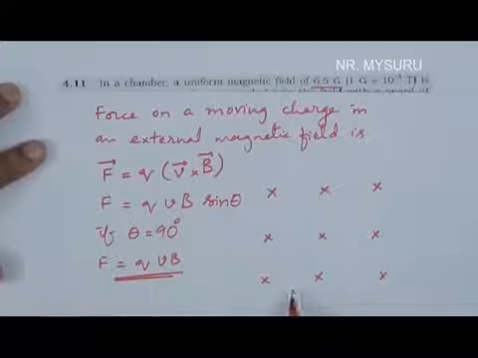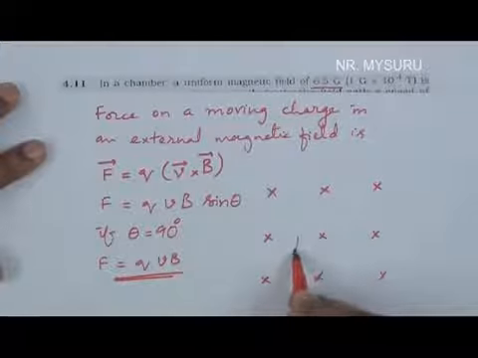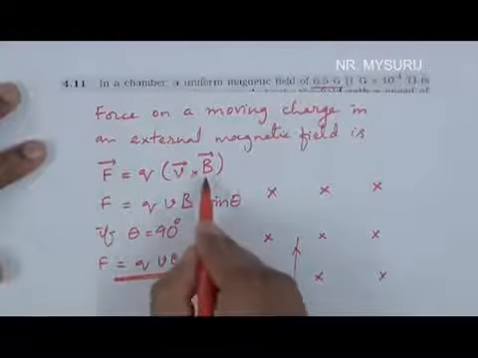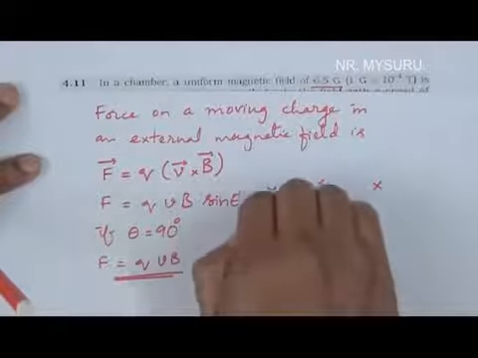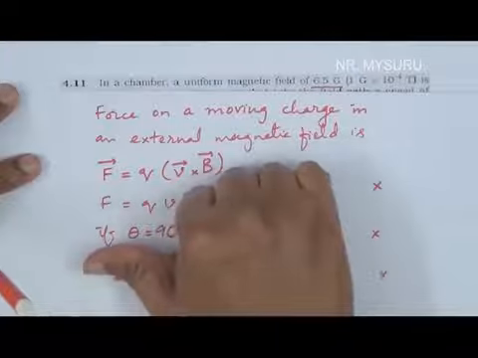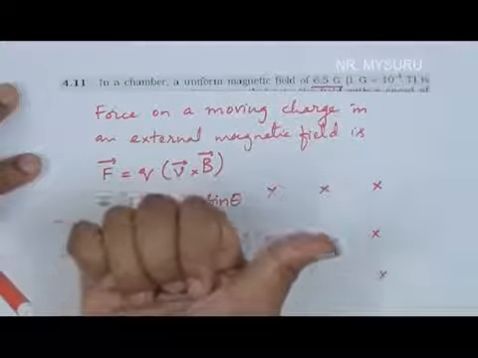If an electron enters this perpendicularly, then velocity to magnetic field, velocity vector to magnetic field, open the thumb, this is the direction of force on a positive charge. Since electron is negatively charged, direction of force is opposite.